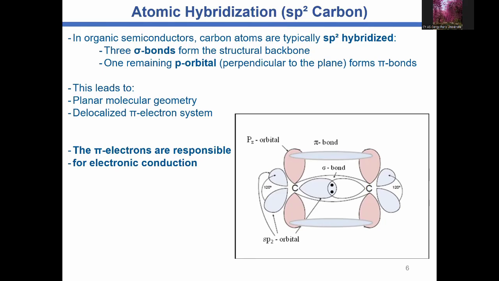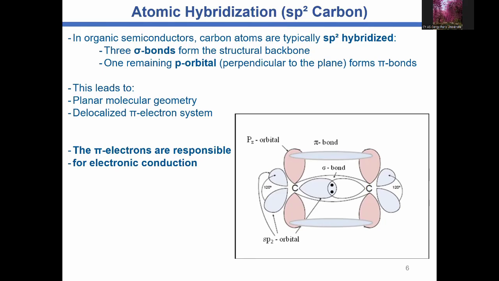And in terms of the pi bond, it should be the pz orbital that is perpendicular to the plane of the covalent bond here. So we have this p orbital.